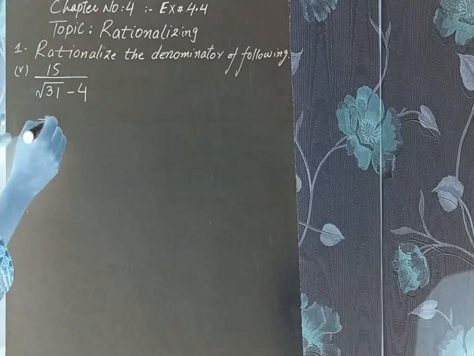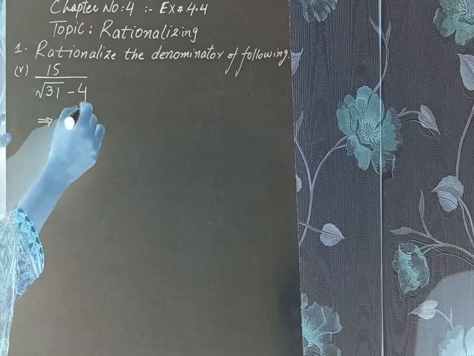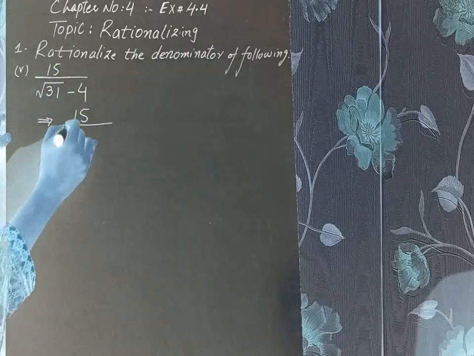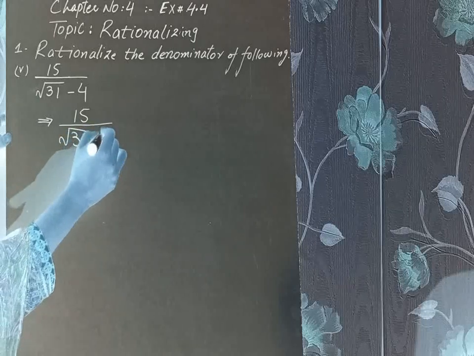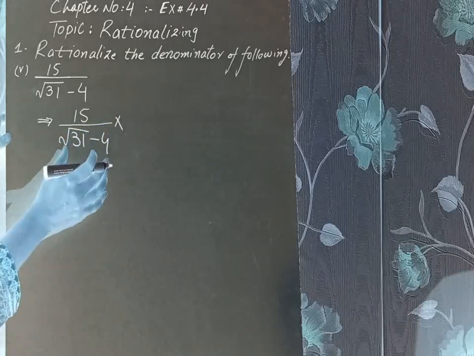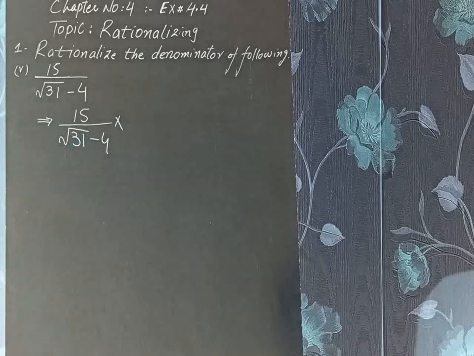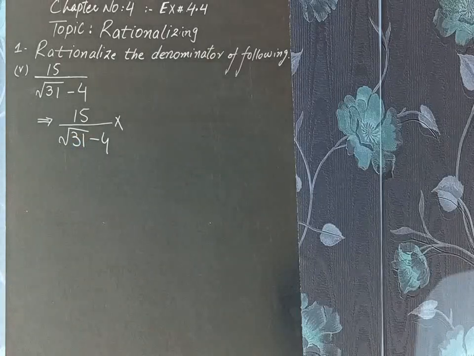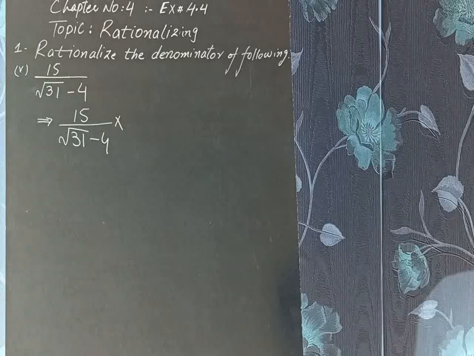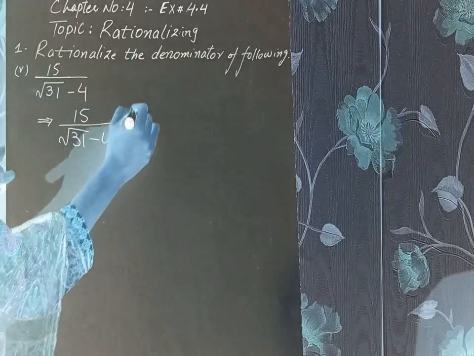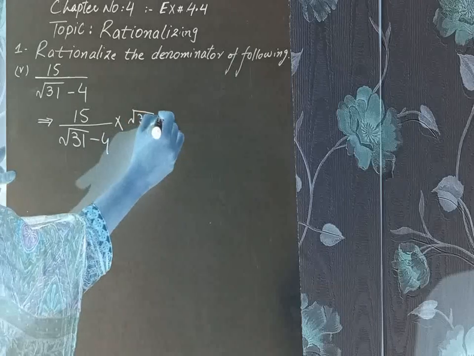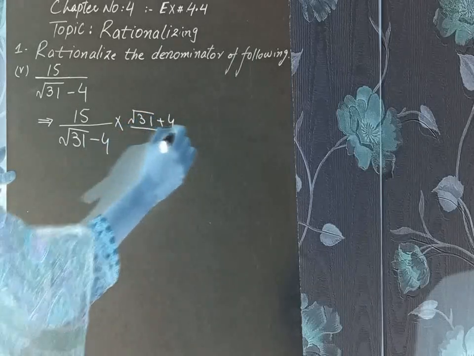So 15 over under root 31 minus 4, multiplied by its conjugate. Here we will change the sign. If there is under root 31 minus 4, its conjugate will be under root 31 plus 4. In a conjugate, we just have to change the sign.